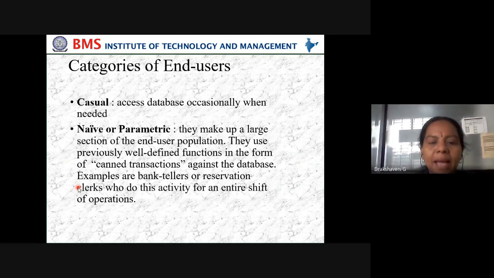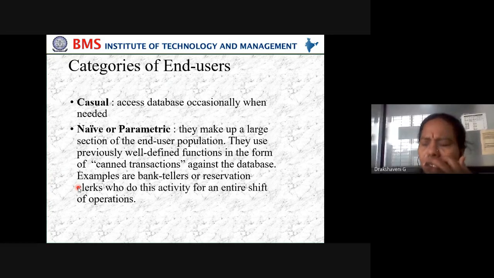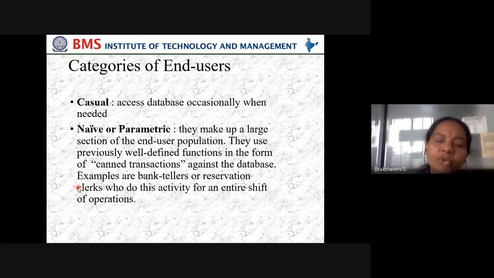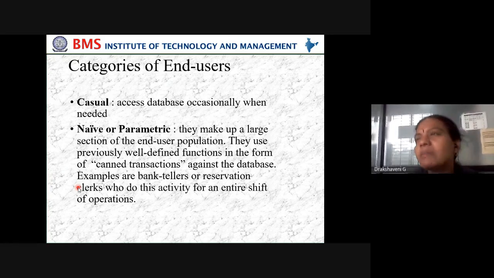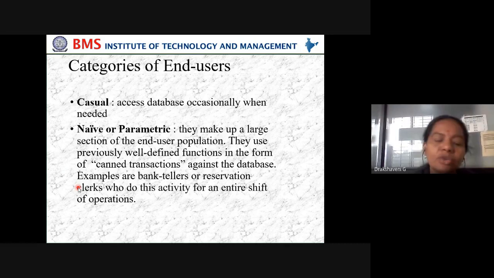Examples are bank tellers or reservation clerks who do this activity for an entire shift of operation. So what are the different types of end users? Maybe sometimes casual users. Maybe you can see some logins we use very rarely. Such a database user we call a casual user.